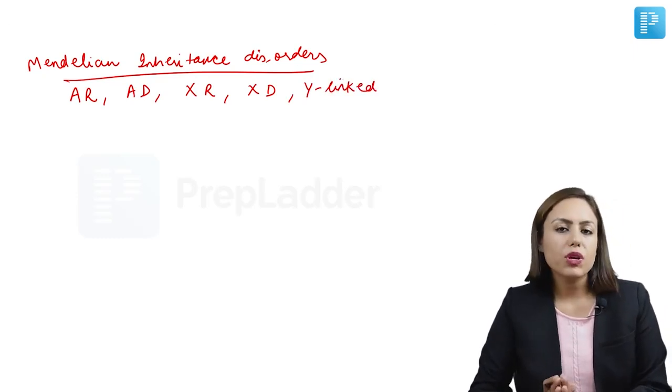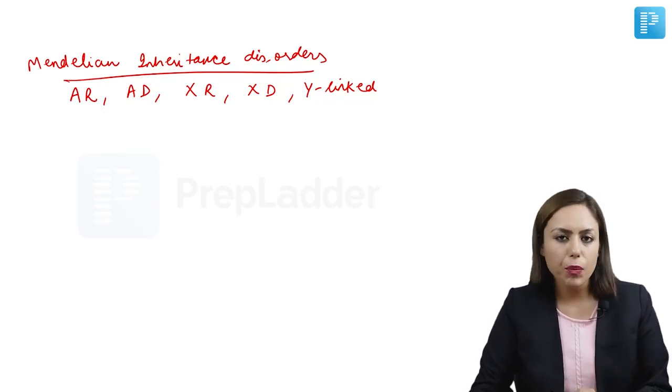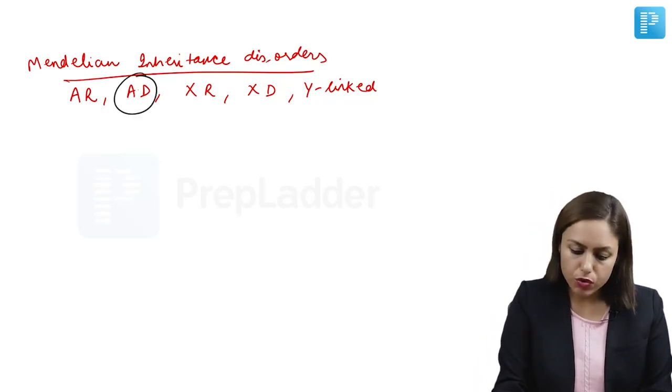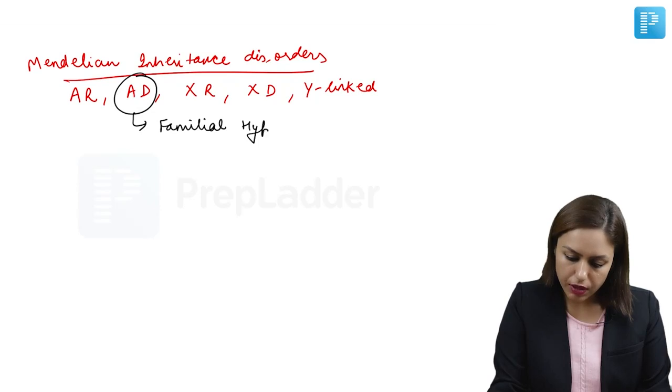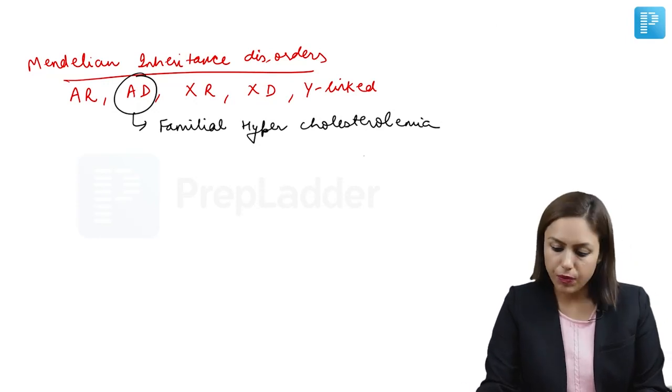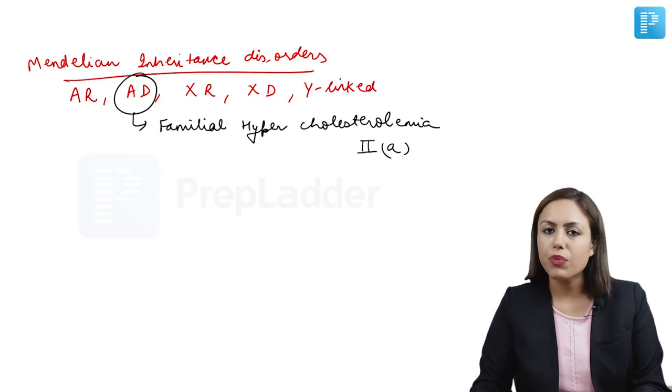Okay, so the important ones which you need to learn, only that I am going to take in this rapid revision. Only one example of autosomal dominant you have to do, that is familial hypercholesterolemia.